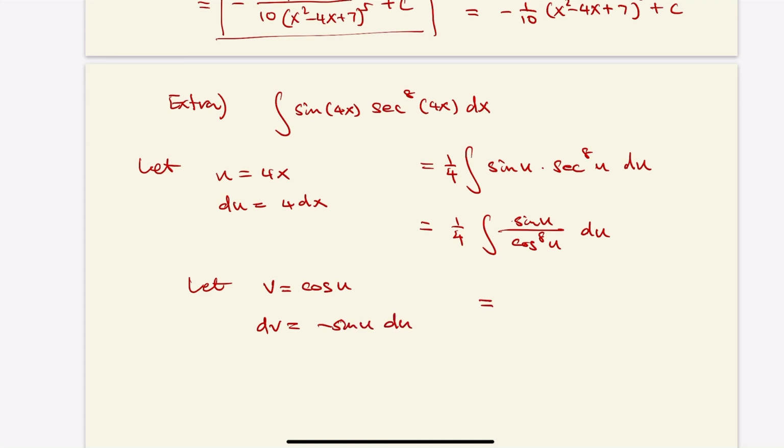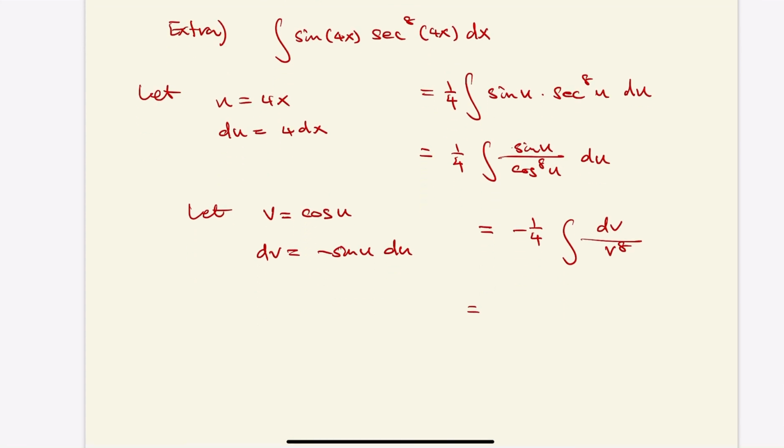So this expression will change to negative 1 over 4 integral. Sine u du will be negative dv. So this is dv over v to the eighth power. So that changes to negative 1 over 4 times the integral of v to the negative 8 dv.